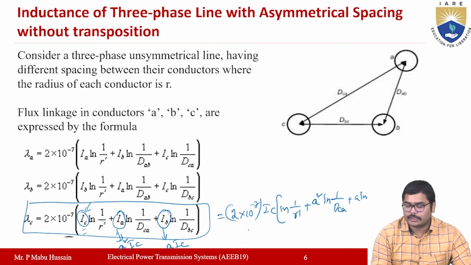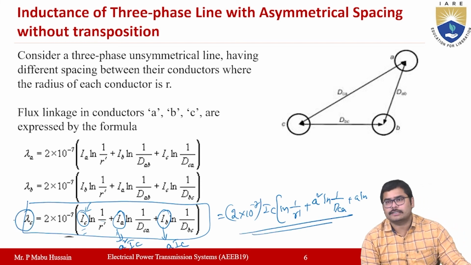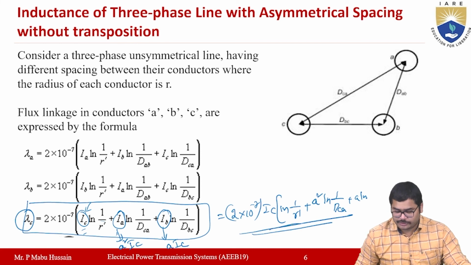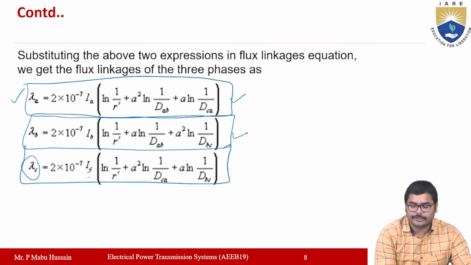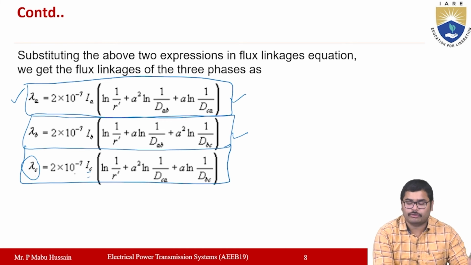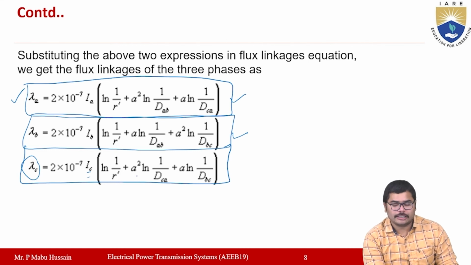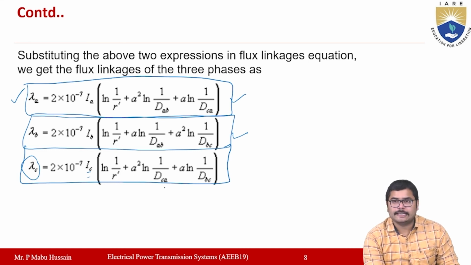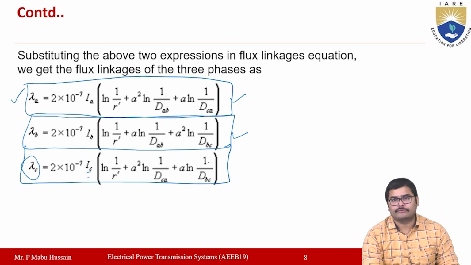This is the flux linkage of conductor C, which is lambda c, right? The same equation is represented in this slide. Again we repeat it: lambda c is equal to 2 into 10 power minus 7 ic ln 1 by r dash plus a square into ln 1 by dca plus a into ln 1 by dbc.